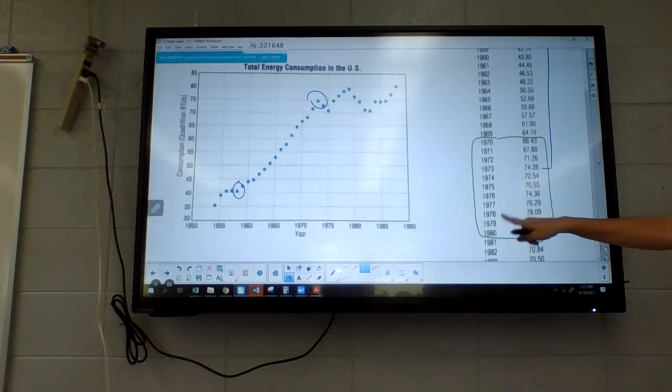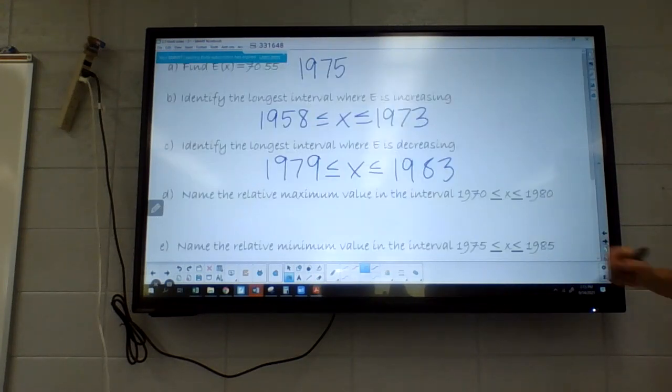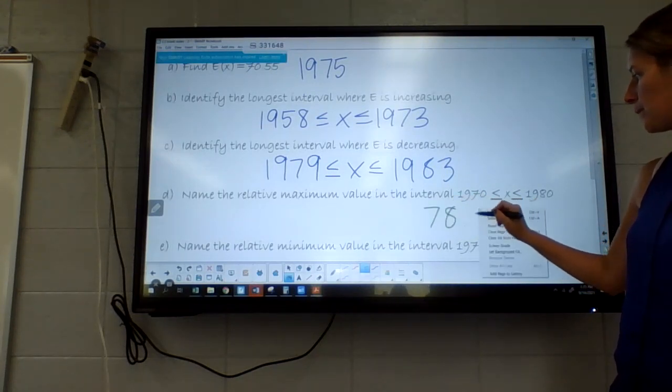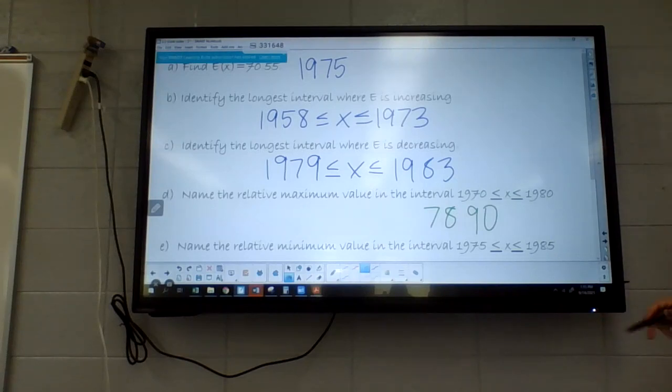You can say what year it happened, but the answer, the maximum, is 78.90. And that's BTUs. And then the relative minimum value from 1975 to 1985.